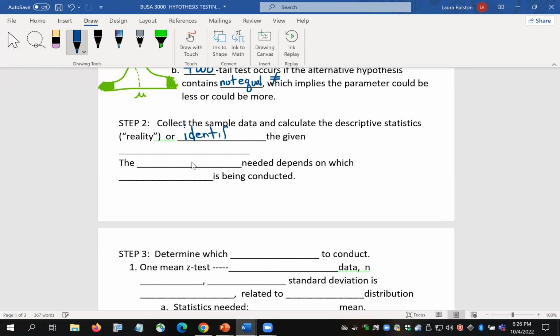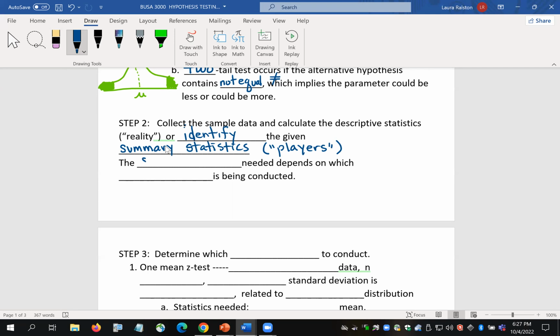So you just have to identify the given summary statistics. I sometimes refer to them as the players. You have to identify the players. What's the information that you need to solve the problem.